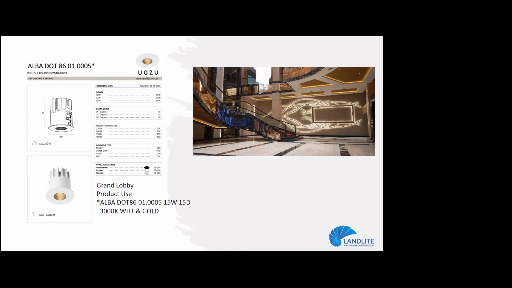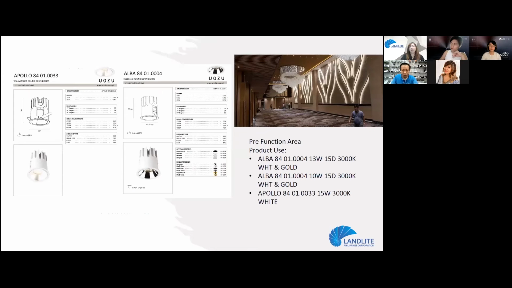Now, the next location is the pre-function area. They wanted to create an atmosphere where it should not be too bright. The lighting is just regular for that area. Why?